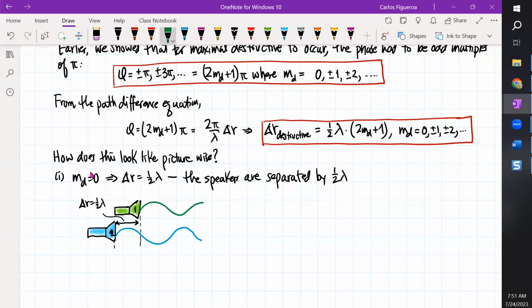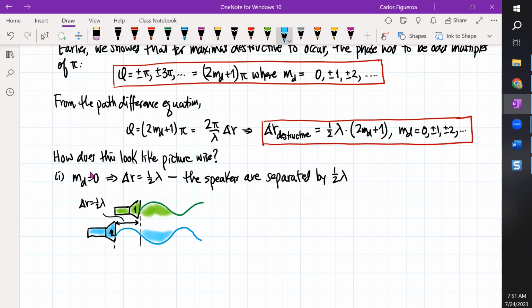You can see how these are overlapping again. As this goes up, this goes down, and you get cancellation between the waves.